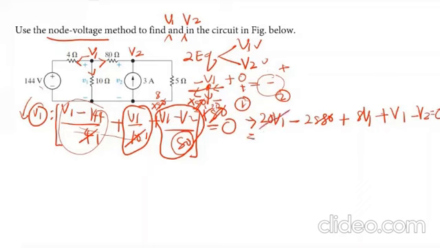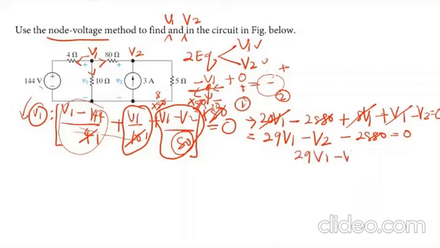For V1: 20 V1 plus 8 plus 1 gives 29 V1, minus V2, minus 2880 equals 0. Rearranging, we get 29 V1 minus V2 equals 2880. Now you have this as your first equation.